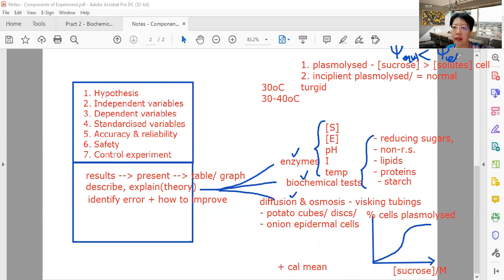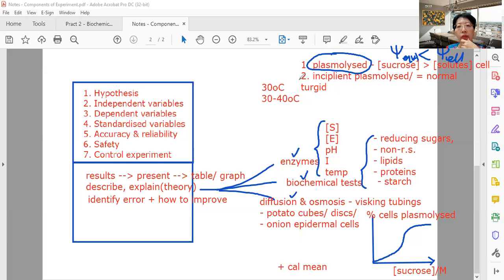So that's why there's a net movement of water out of the cell, so the cell is plasmolysed. This is very basic. So that means the sucrose concentration is higher than the solute concentration of the cell. So that's why the cell is plasmolysed, right?